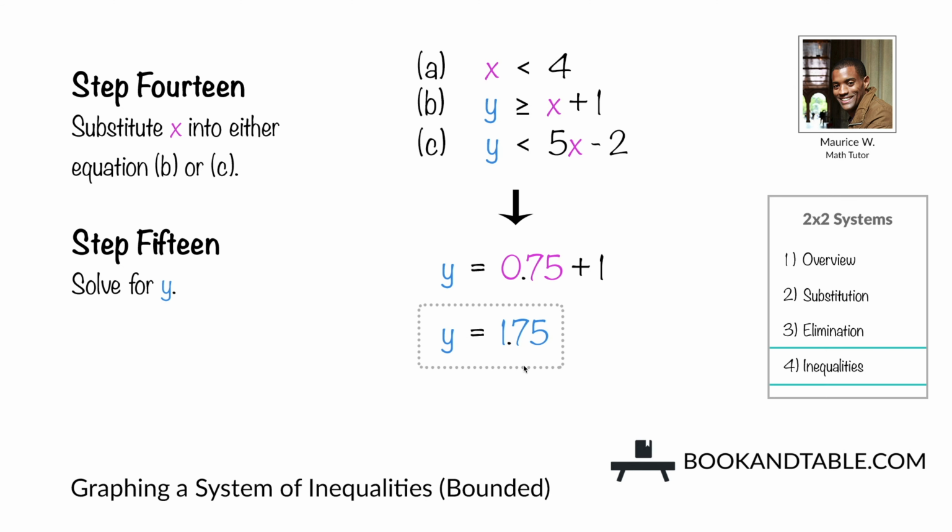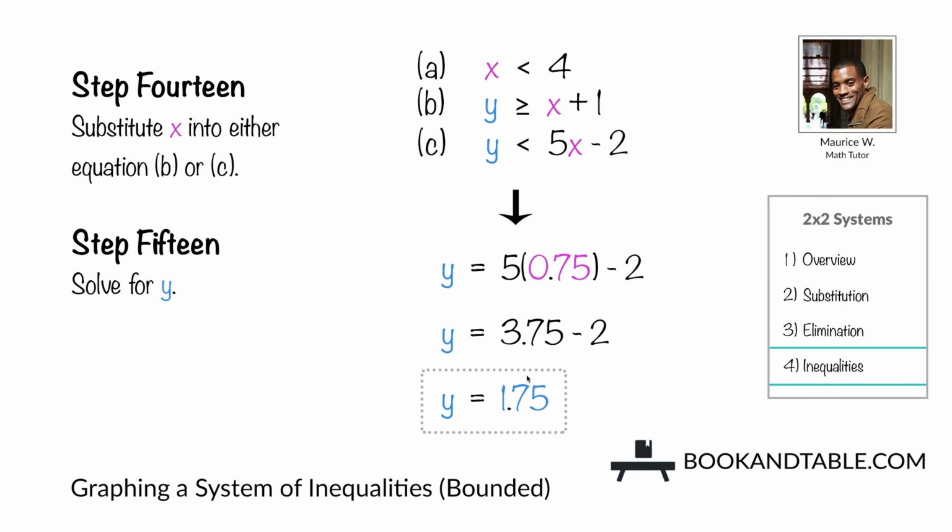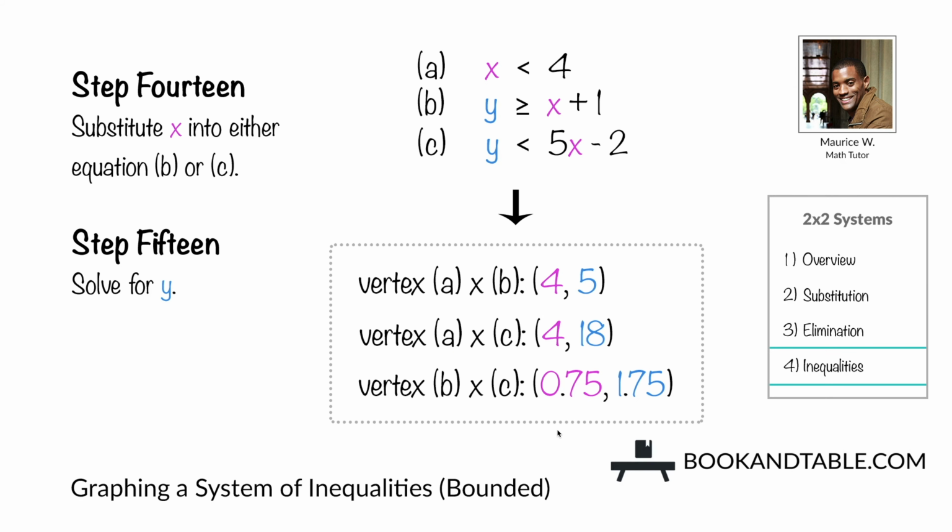Or you could have plugged it into C, which gives 5 times 0.75, which is 3.75, and then 3.75 minus 2 is equal to 1.75 as well. So the vertex for BC is where x is 0.75 and y is 1.75.